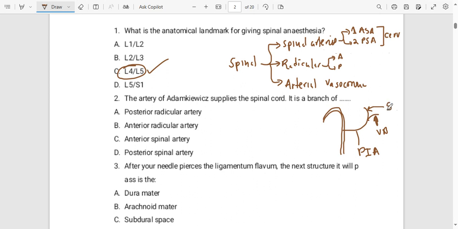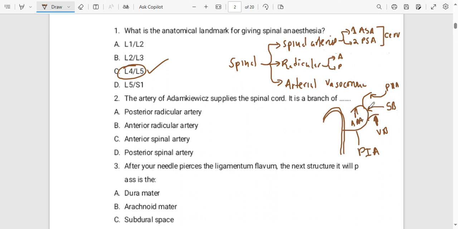This is the spinal branch. Now the spinal branch is further going to divide into radicular arteries. So we're going to have a posterior radicular artery, and then an anterior radicular artery.